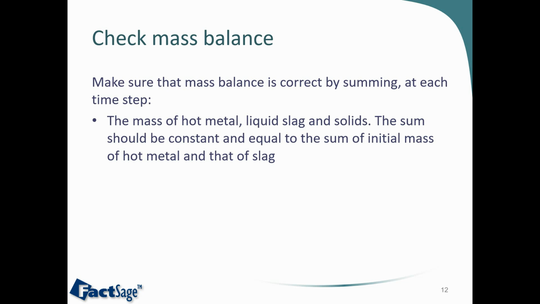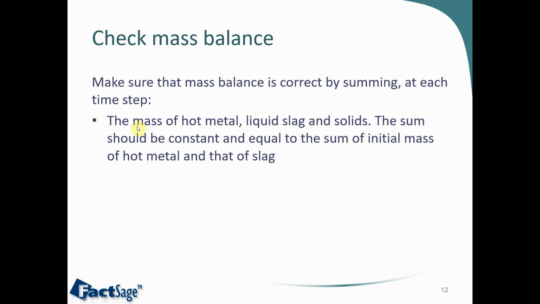The best is to first make an overall mass balance calculation by accounting for all the material that is generated at the end of each time step. So here we have the mass of hot metal, the mass of liquid slag, and the mass of solid.